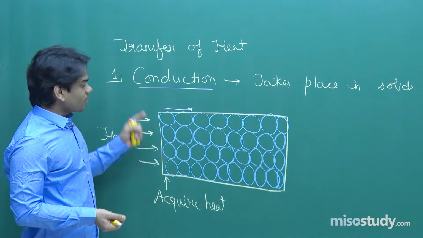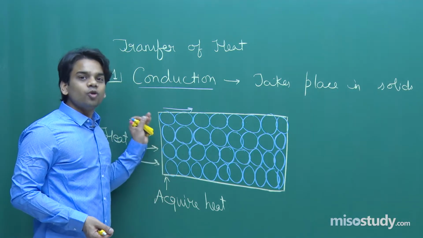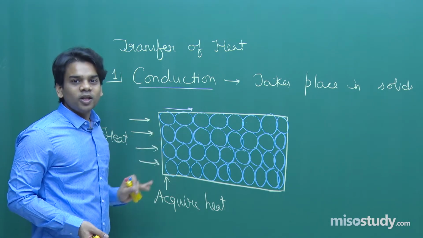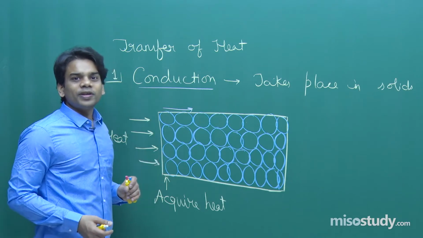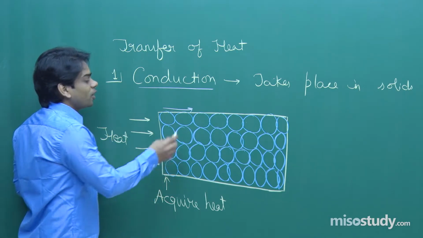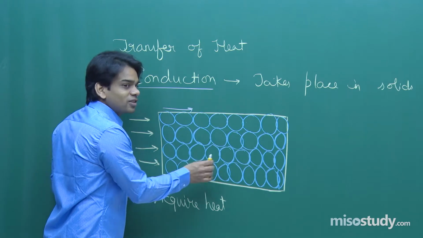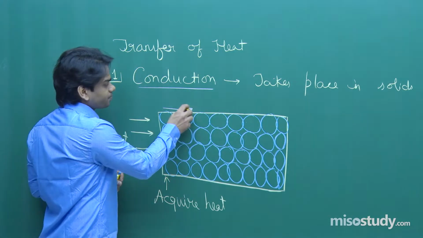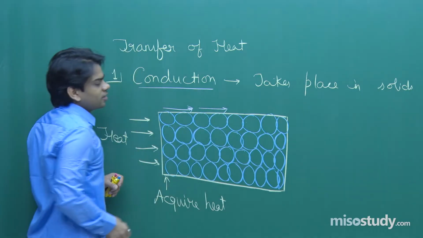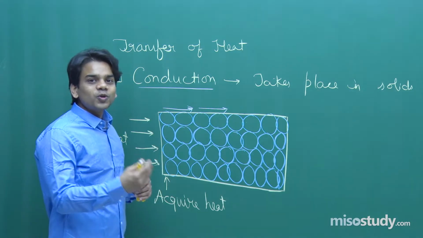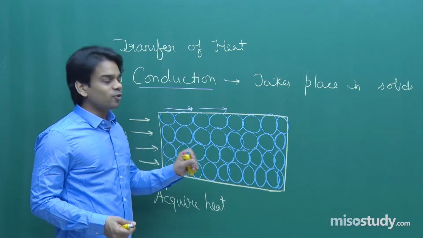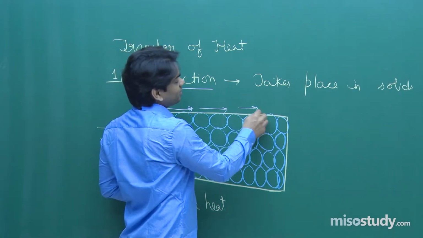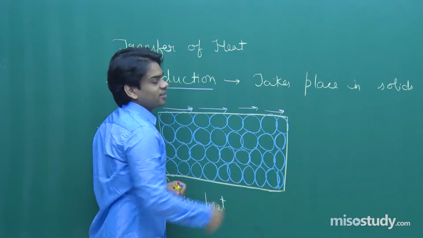Then further, as heat energy keeps adding up in this molecule, its vibrational effect keeps increasing, and the next neighboring molecule starts vibrating and its vibrational effect is enhanced. Further, this effect goes on transmitting from one end to the other, and finally the heat is transmitted at the other end.